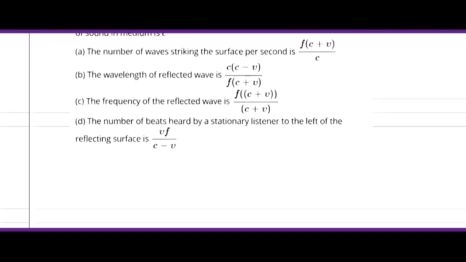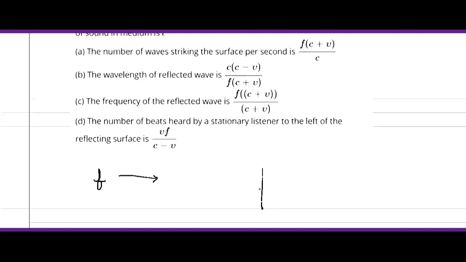So one by one we solve. It is given that a sound wave of frequency f is traveling horizontally to the right, and then it is reflected from a vertical plane. Let us assume this is a vertical plane moving to the left.